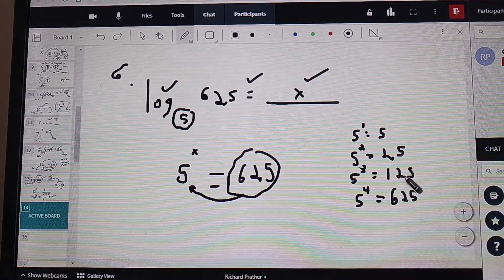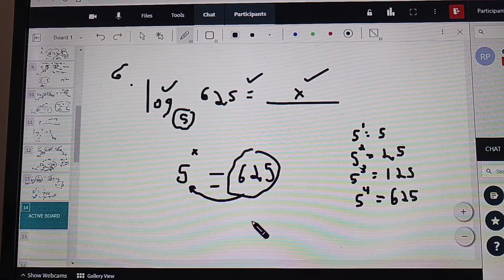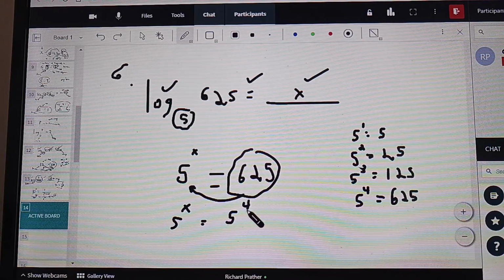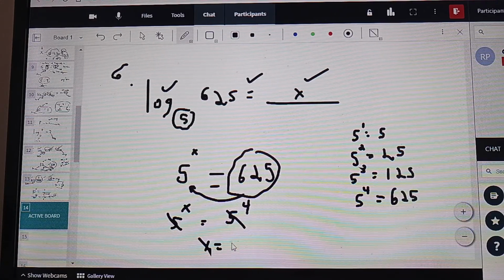If this jumped from 125 to say 725, then you skip this number, then you know that strategy doesn't work. And maybe you're not going to get the kinds that don't work at this point, but we'll see if that happens. So 5 to the 4th is the same thing as 625. And now the 5s are the same, and they're at the same level, so they cross out. X equals 4.